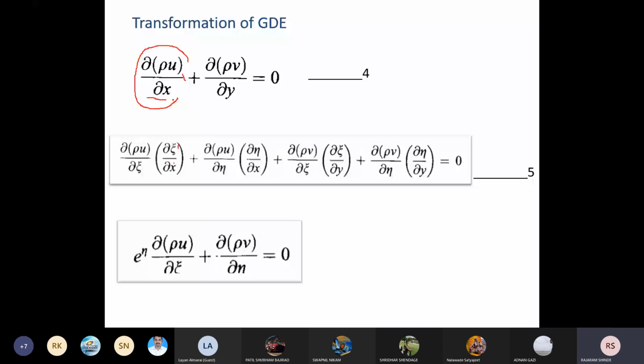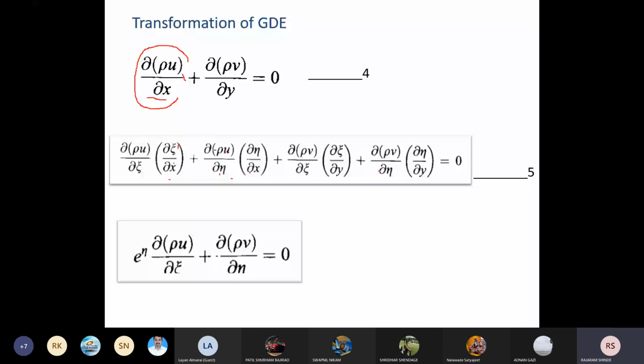Already we have written this equation, but not for a specific variable. Here I have written these equations for specific variables. Plus dou rho v by dou xi and dou xi by dou y, plus dou rho v by dou eta and dou eta by dou y.